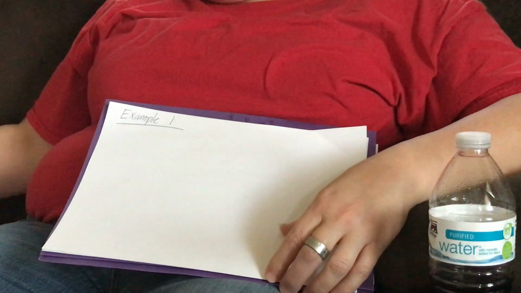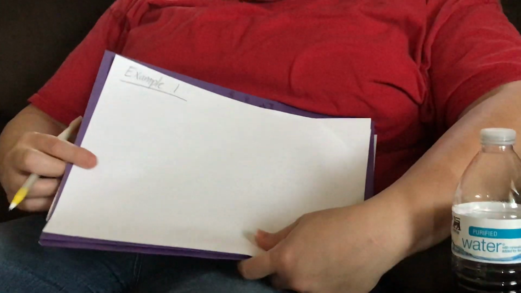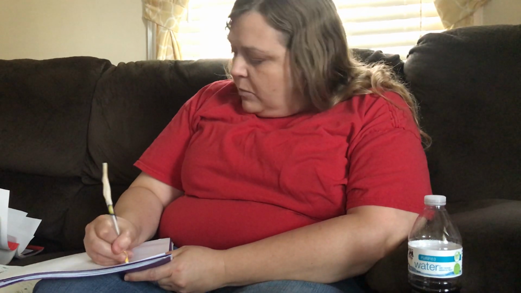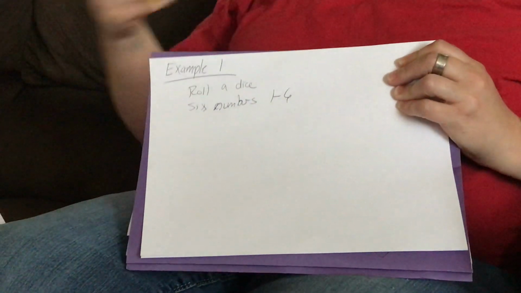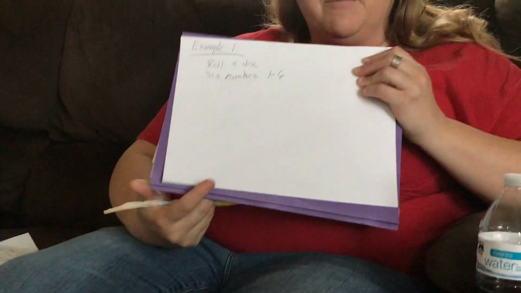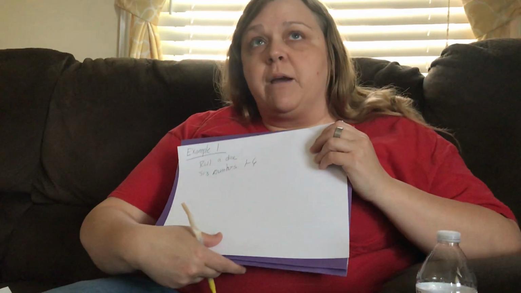Probability. Example 1. Okay, now imagine you have a dice. You roll the dice. There's 6 numbers on it, which are 1 through 6. Okay, we know that 1 through 6. So you roll the dice. What is the probability that you will roll 2 numbers greater than 5?